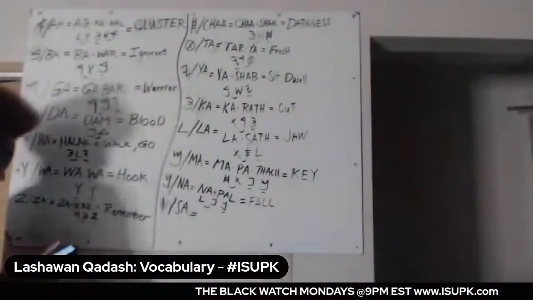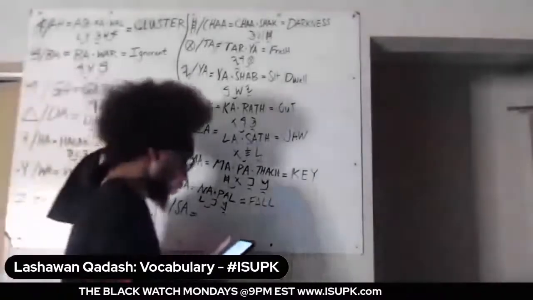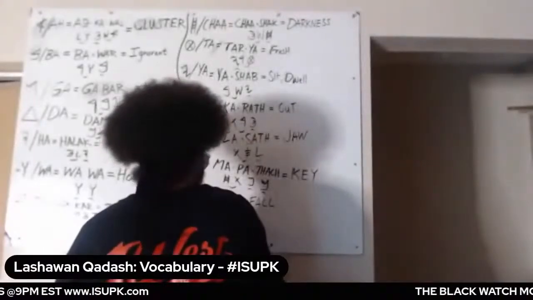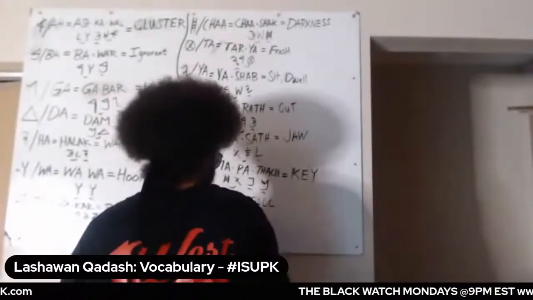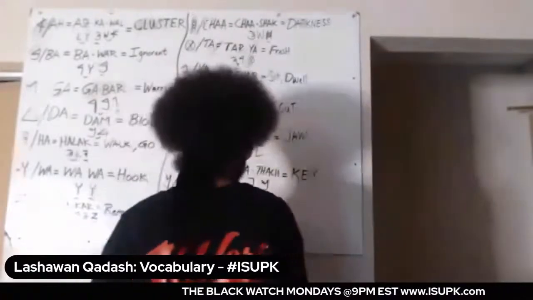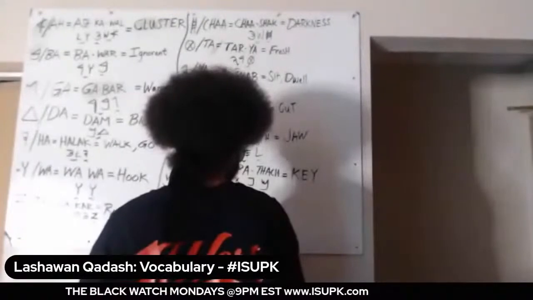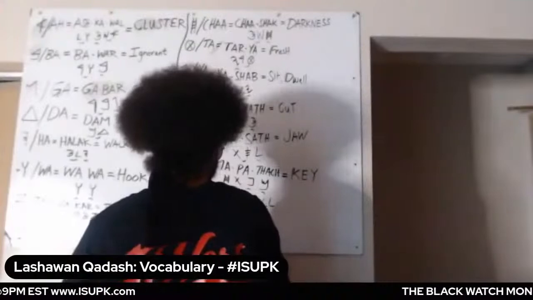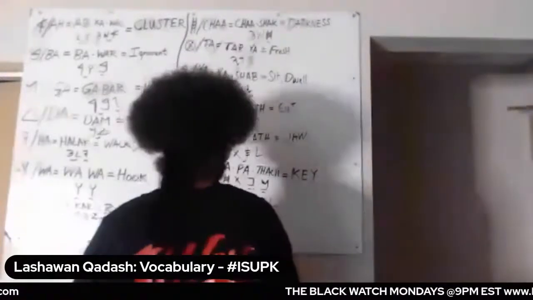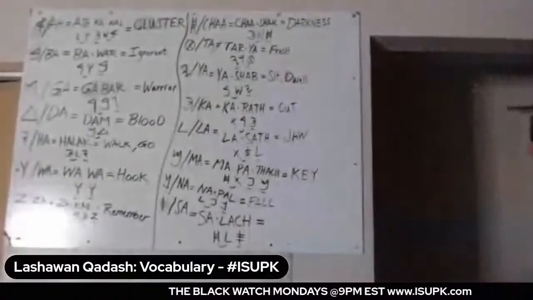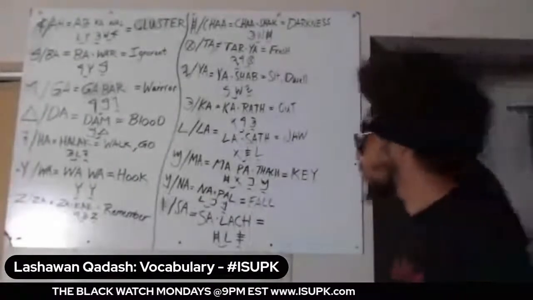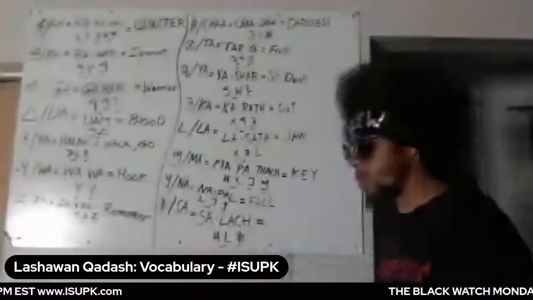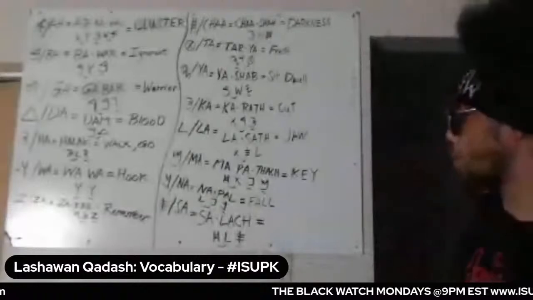So sa. All right. So the word is sa. Salak. So letter is sa. The word is salak. So everyone should actually recognize what this is.